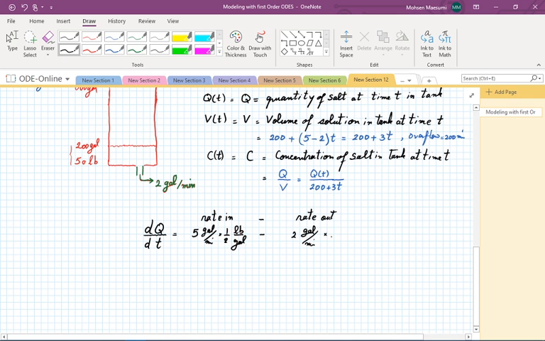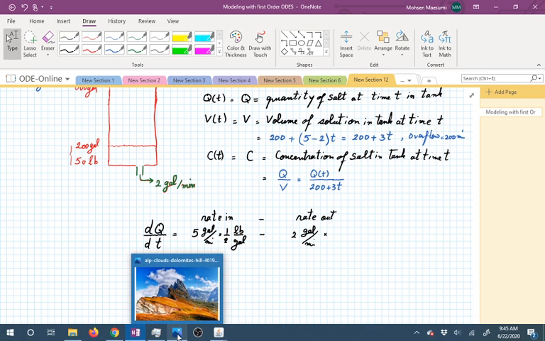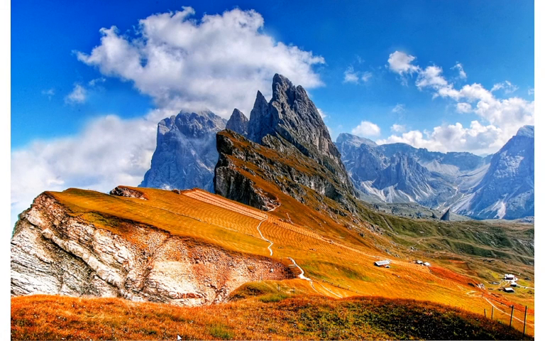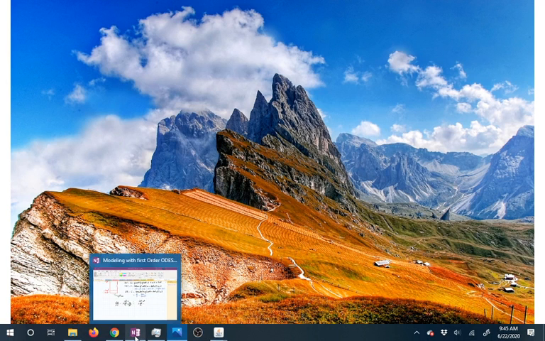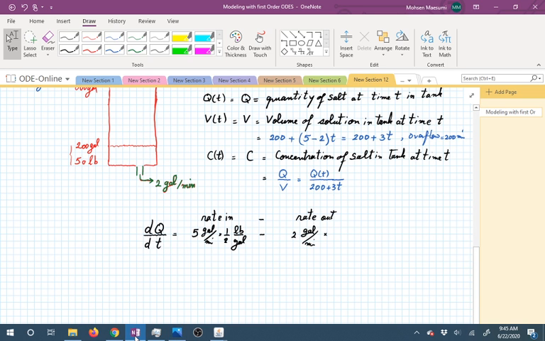That's the crucial point of this problem, and I want you to spend a good amount of time reasoning for yourself what we should put for the outgoing concentration. What is that number? Okay, give yourself a few minutes, as long as it takes for you to reason it out.